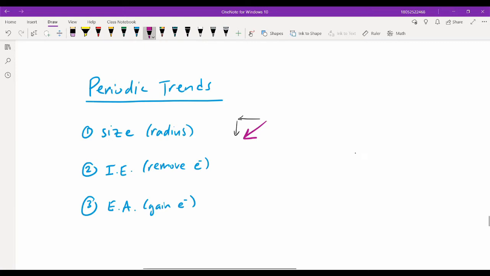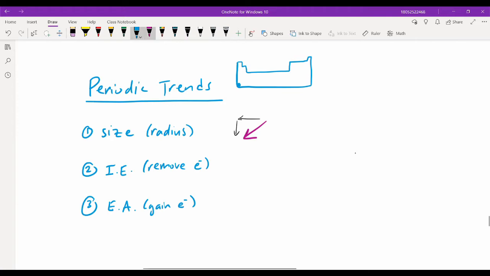This is, again, basically comparing elements in the periodic table, right? So if we're using this as a guide, comparing different elements, going towards francium down here in this corner is going to be bigger. And the size trend, if you understand that, the other two are related to that.